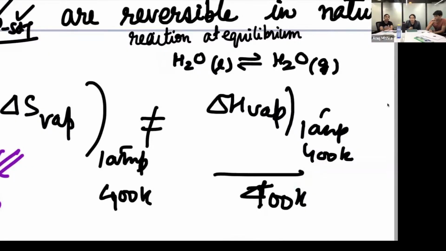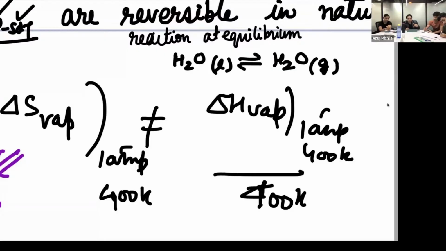Delta G is 0 when? At equilibrium. And equilibrium is when you are talking about that particular condition in which this is an equilibrium. If you change the pressure, of course, you can get a new equilibrium and get the numbers. So write down: this is not valid.